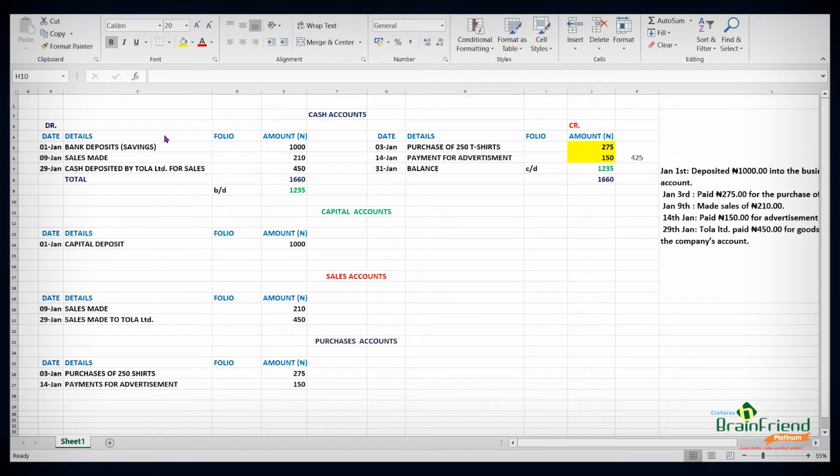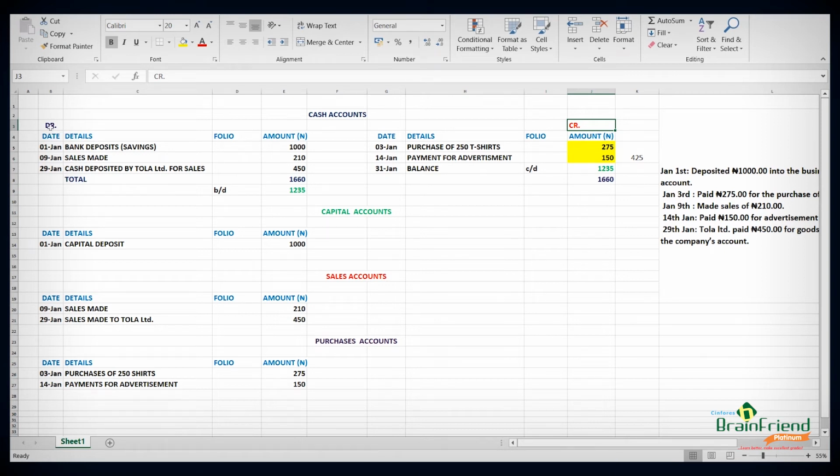So shall we proceed? Now, we have a typical cash account. And on this cash account, we have the debit side, which is on the left-hand side, as I told you in the class. And we also have the credit side, which is located at the right-hand side.